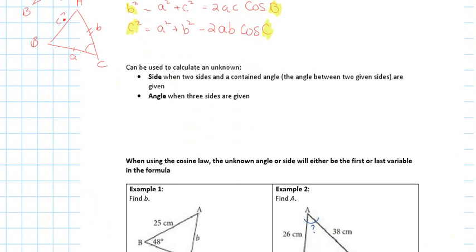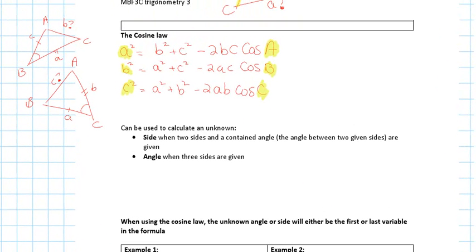The formula comes from these formulas, okay? So basically you're isolating for this because you're looking for the angle, okay? So in this case, you know all three sides. So you know side A, you know side B, and you know side C.